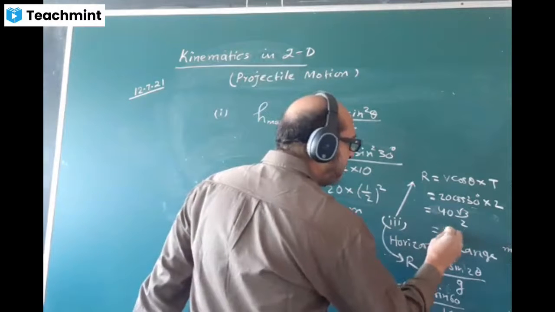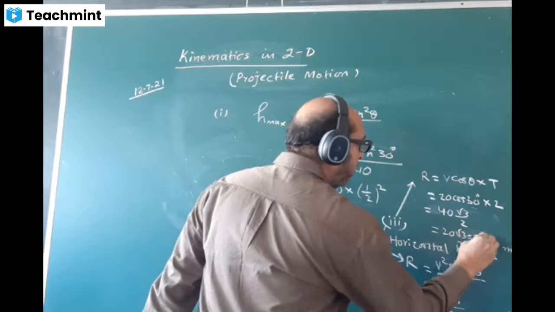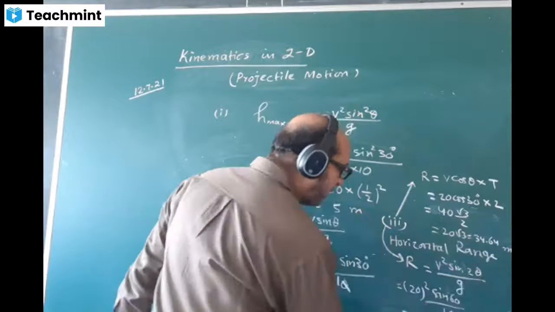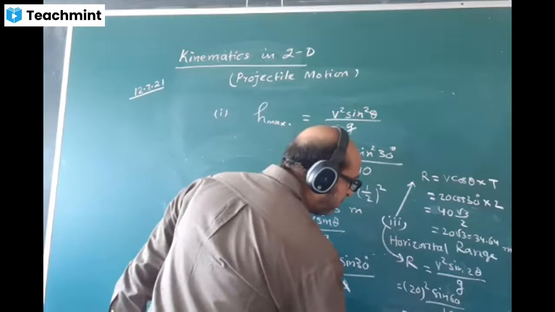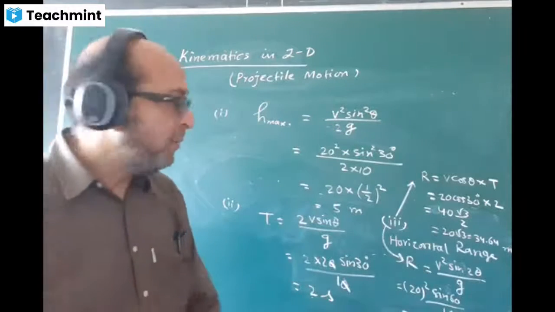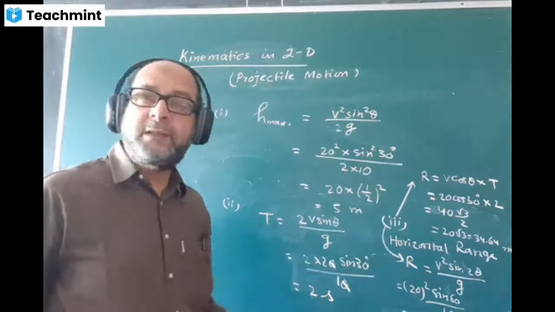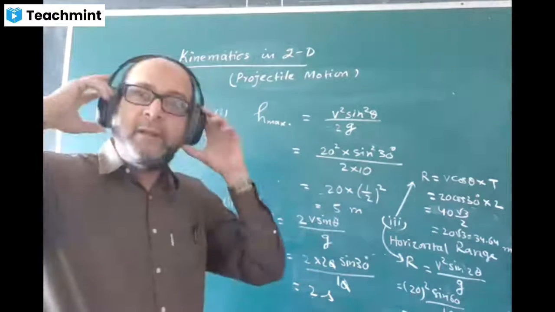You confused me. So this is coming 20 root 3, and 34.64 meter is the answer. Here also the same answer will come, 34.64 meter, either way. I already multiplied the 2. Anyway, so correct it. Okay.